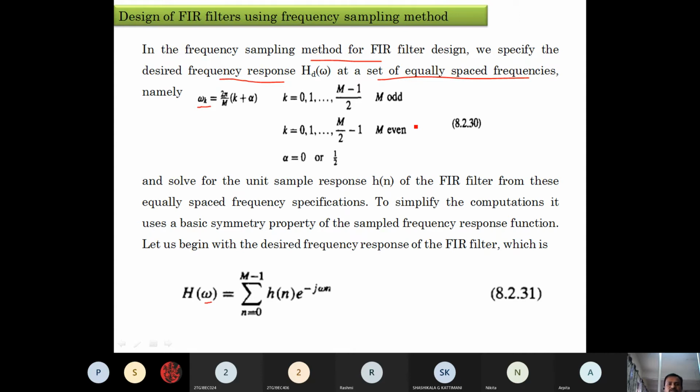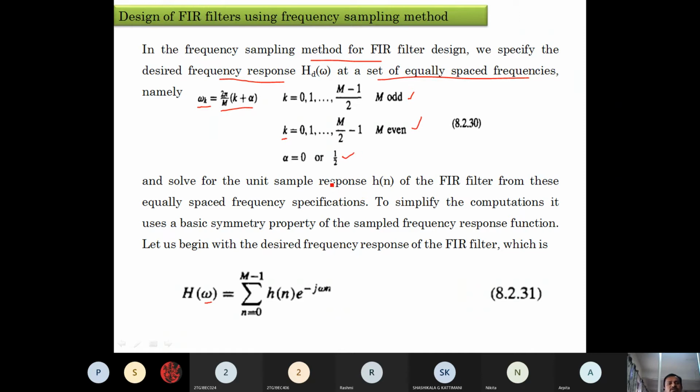So here we concentrate on equally spaced frequencies, given by omega k equals 2 pi by m into k plus alpha, where k ranges, for m odd, from 0 to (m minus 1) by 2, and for m even, from 0 to m by 2 minus 1, where alpha is a constant having value 0 or 0.5.